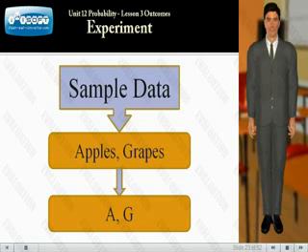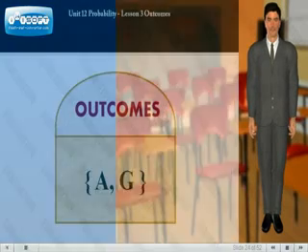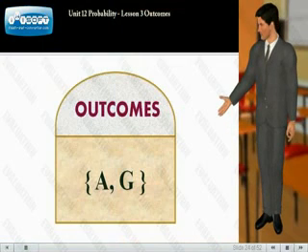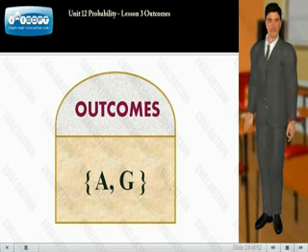What we want to do next is to express the outcomes using a single letter or a single character. What I can do is, for apples, I can use A. For grapes, I can use the letter G. So my outcomes will be A, G.